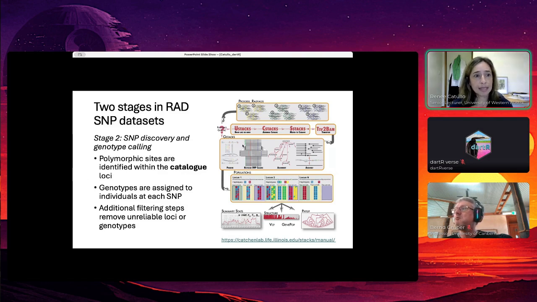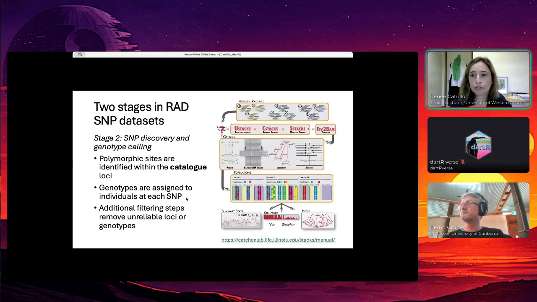The second step is the gstacks and populations phase, where within the catalog of loci that you've restricted yourself to, you assign genotypes to individuals. After that, you have SNPs, which you then filter for various purposes.